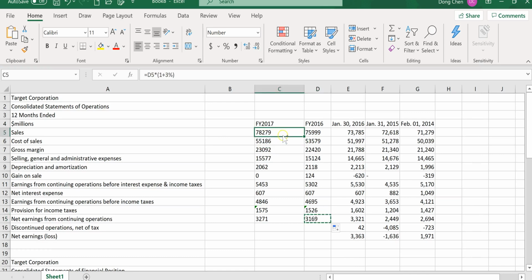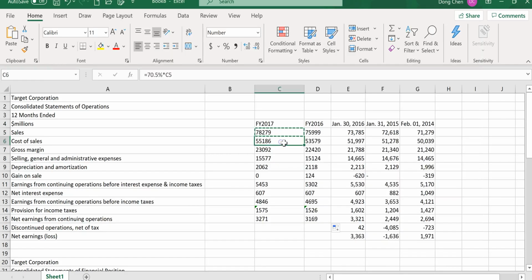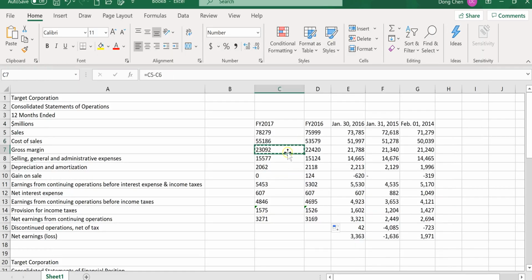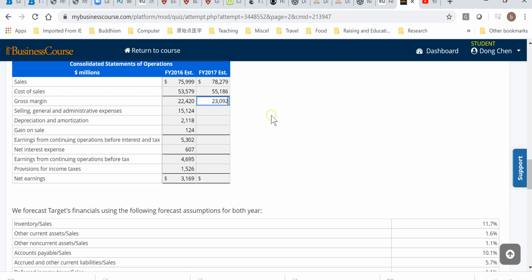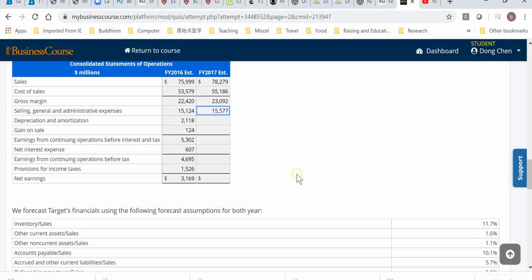So we do the same for the other year. Copy the number there and just make sure we copy to the correct blank to the right place. Yeah, this is going to take a while.